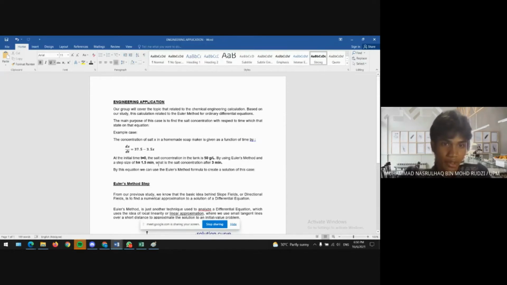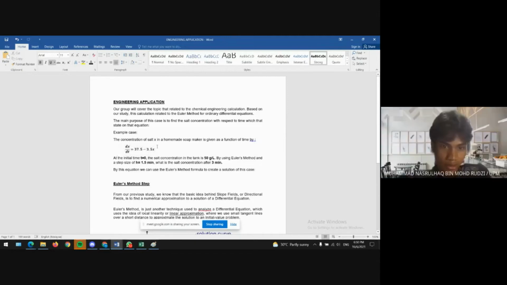The main purpose of this case is what Zikri mentioned before: to find the salt concentration with respect to time, as stated in the equation. The example case that Zikri mentioned before is the same one that I will present.